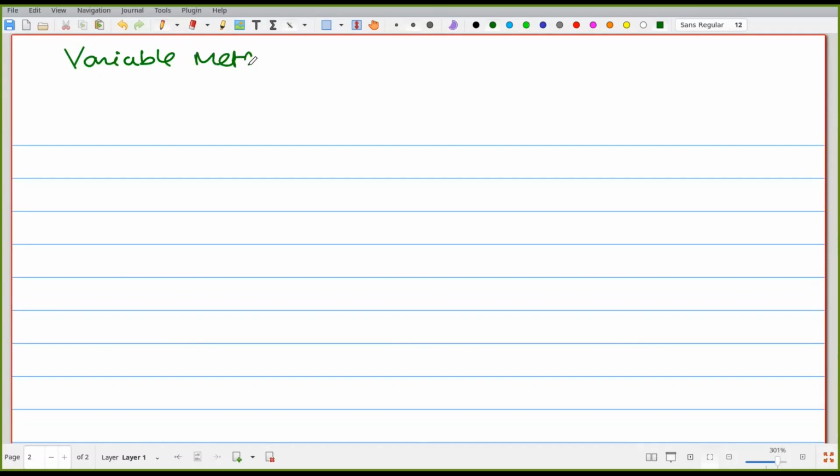Variable method means we have to choose any variable. Some important things.